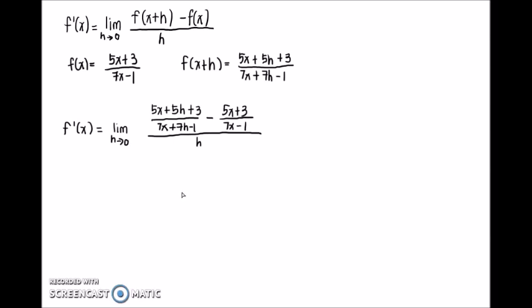So the same way as what we have been doing on the previous examples, we will have to simplify the numerator first. So ibig sabihin, kailangan marunong tayo ng operations on fractions. So ang gagawin natin, we will have to simplify this whole expression here into one fraction. Kunyari, meron tayong scratch paper.